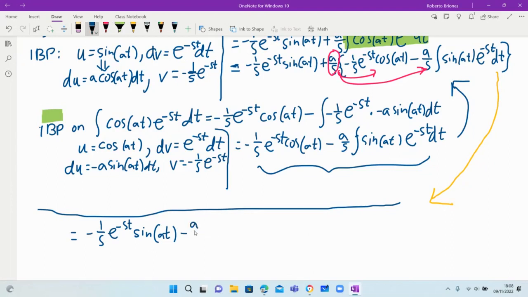So negative A over S squared times e to the negative st cosine of AT minus A over S squared times the integral of sine AT e to the negative st dt.